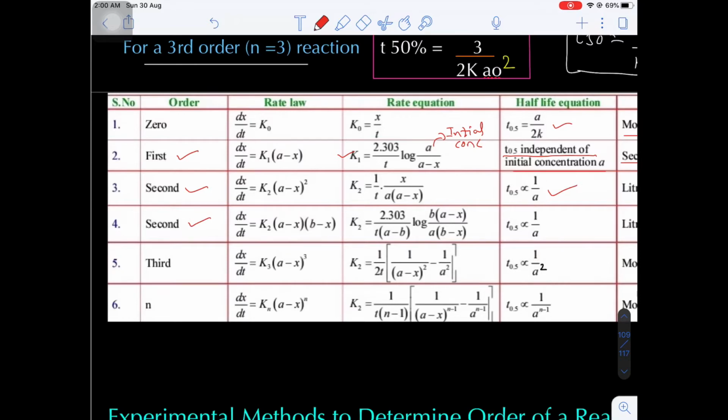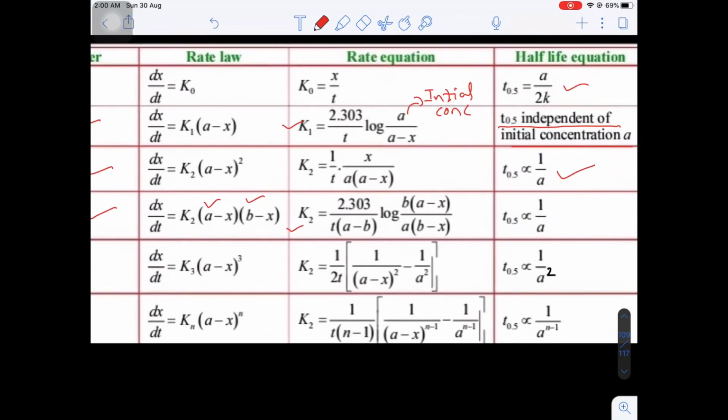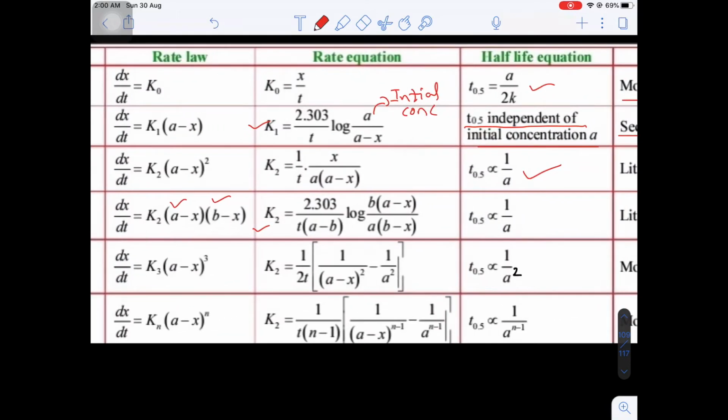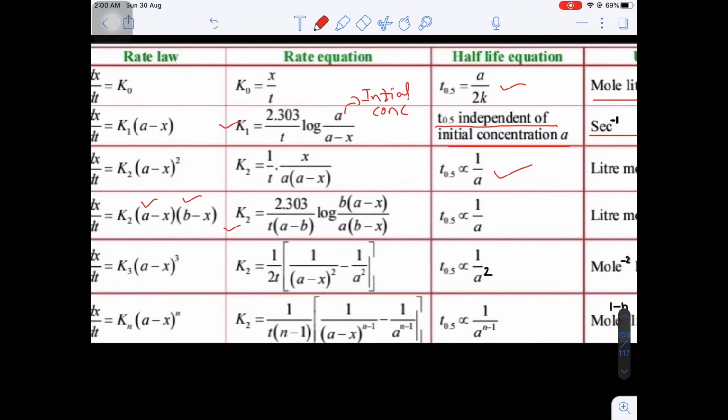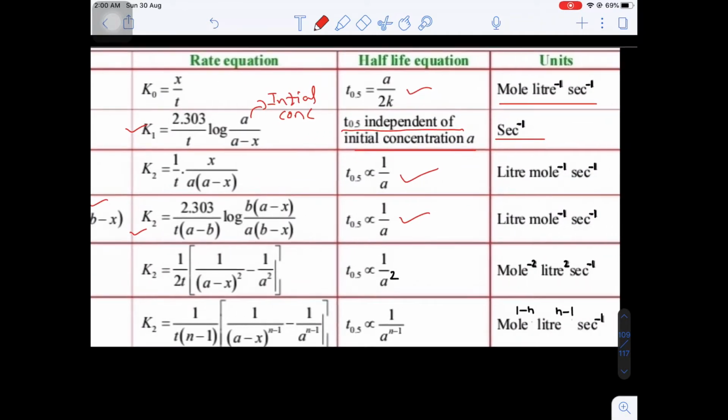If there are two different reactants, each reactant's initial concentration will be a comma b. Are you getting my point? So this will be the rate constant for second order kinetics, k2 equal to 2.303 by t into a minus b log of b into a minus x divided by a into b minus x. Here also T50 is inversely proportional to initial concentration, and both rate constant units are mole inverse, liter, second inverse.